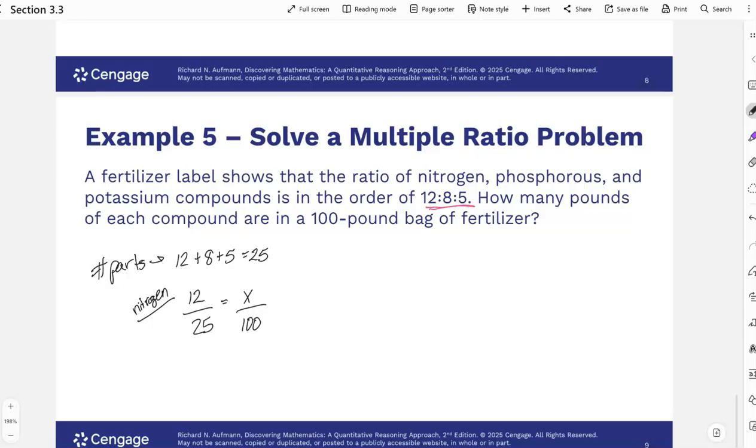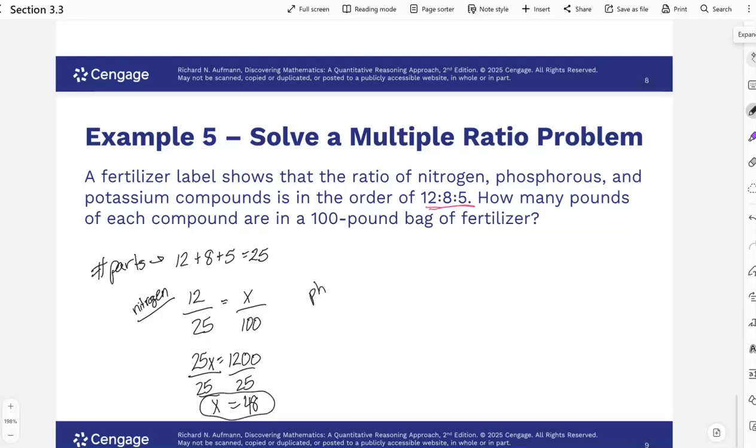So we have 25 times x is 25x, and 12 times 100 is 1200. And if we divide by 25, 1200 divided by 25 is 48. So we would expect 48 pounds out of that 100 pounds to be nitrogen.